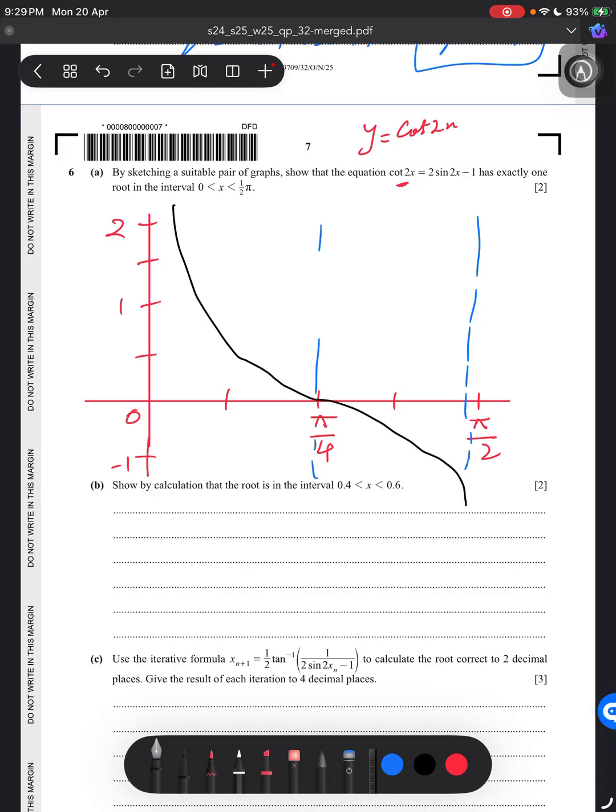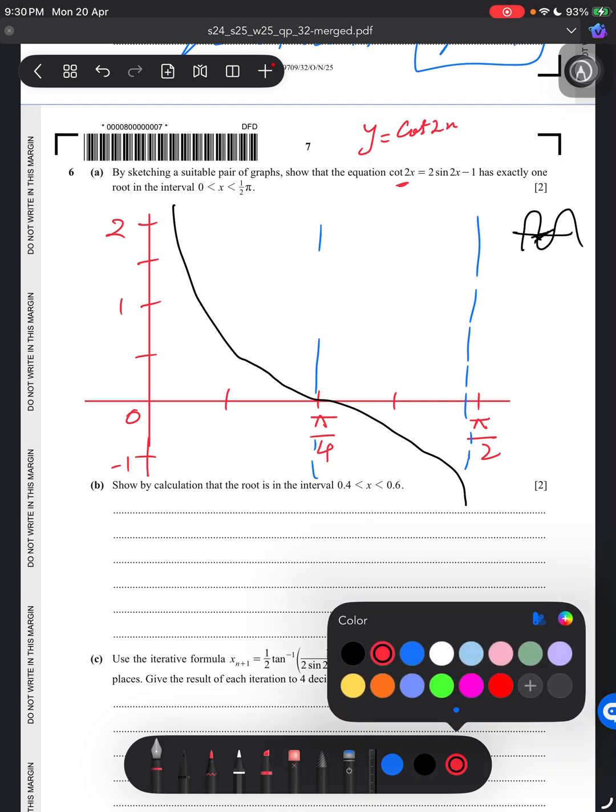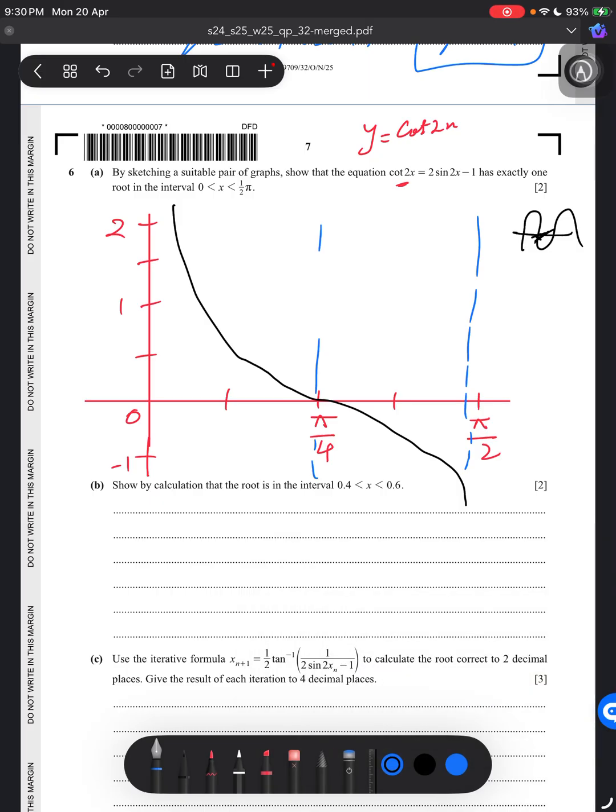and since we know the sine wave is like this, but since it's half of pi, it would be just a half wave. Let's take a look. It starts from the intercept at -1, so it's -1.